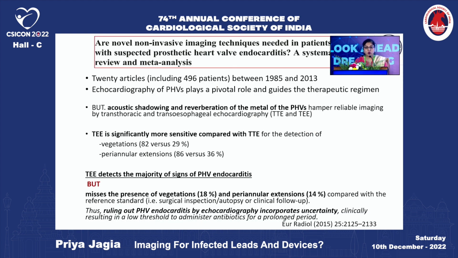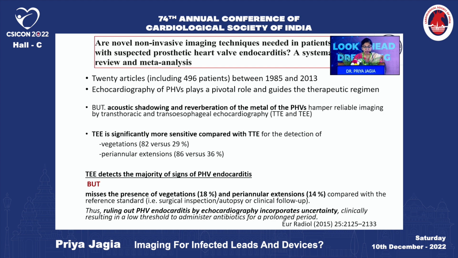Now the question arises, when do you need the newer non-invasive imaging techniques beyond transthoracic and transesophageal echocardiography? This is a paper which looked at 500 patients, and they found that the acoustic shadowing and reverberation from the metal of the prosthetic valve hampered imaging.